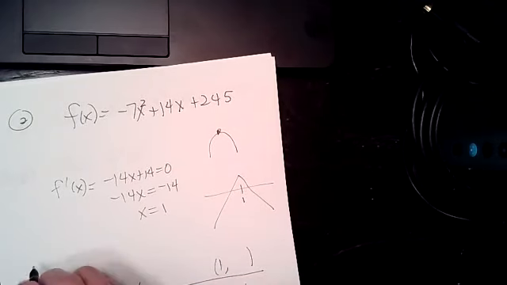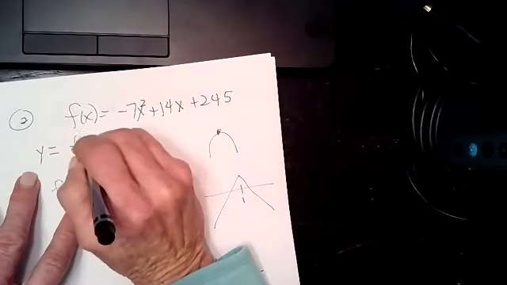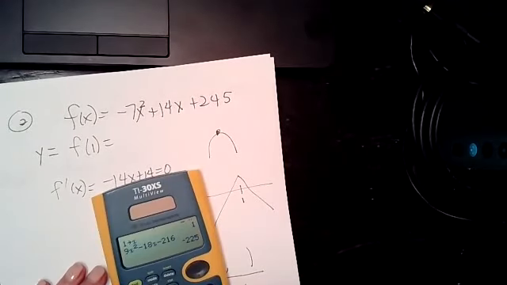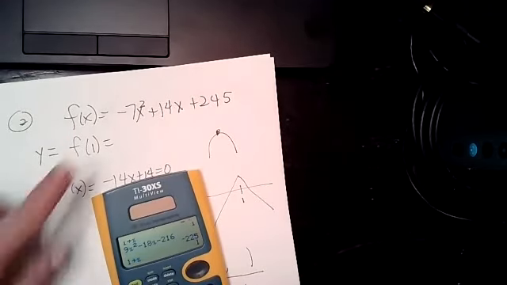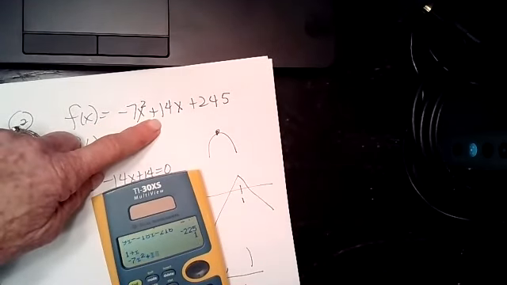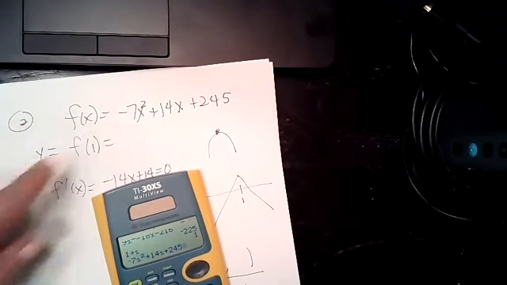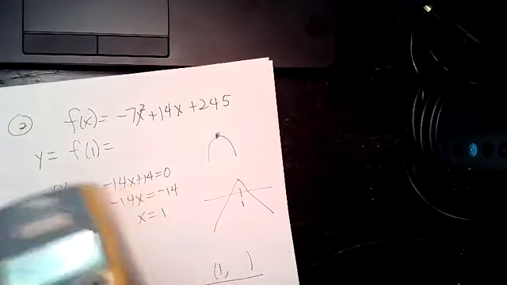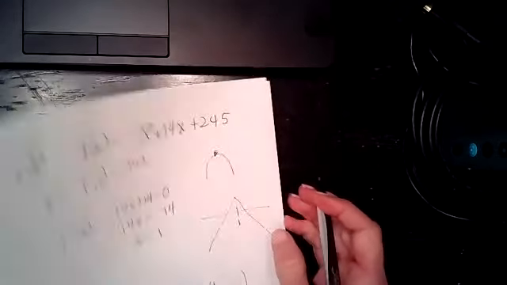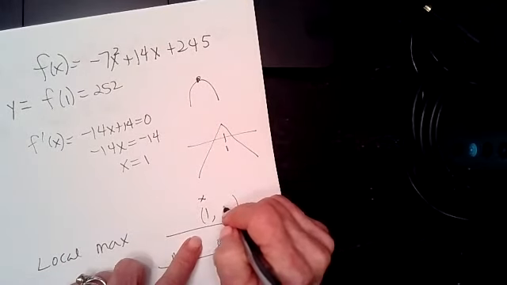So I plug my 1 into the original to find my y. So I just do my 1, store for x, and enter, and I plug in negative 7x squared plus 14x plus 245. Enter. 252. So my local maximum occurs when x is 1 and it's 252.